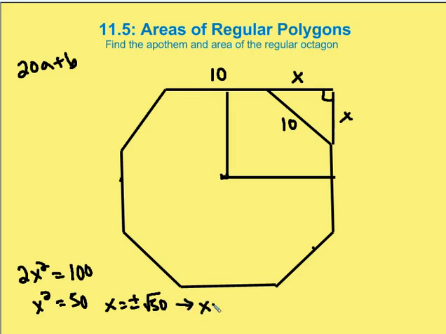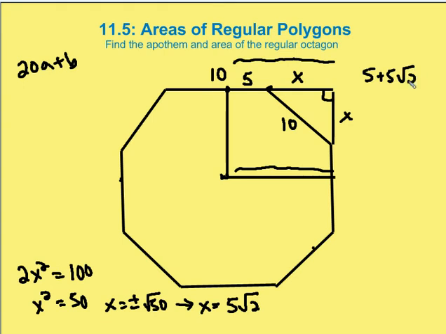So we end up with x is equal to 5 root 2, as we factor out the perfect square of 25. We also know that the distance from here to here, half of the side length, is going to be 5. So this length, which is also the same length as the apothem, is going to be 5 plus 5 root 2.